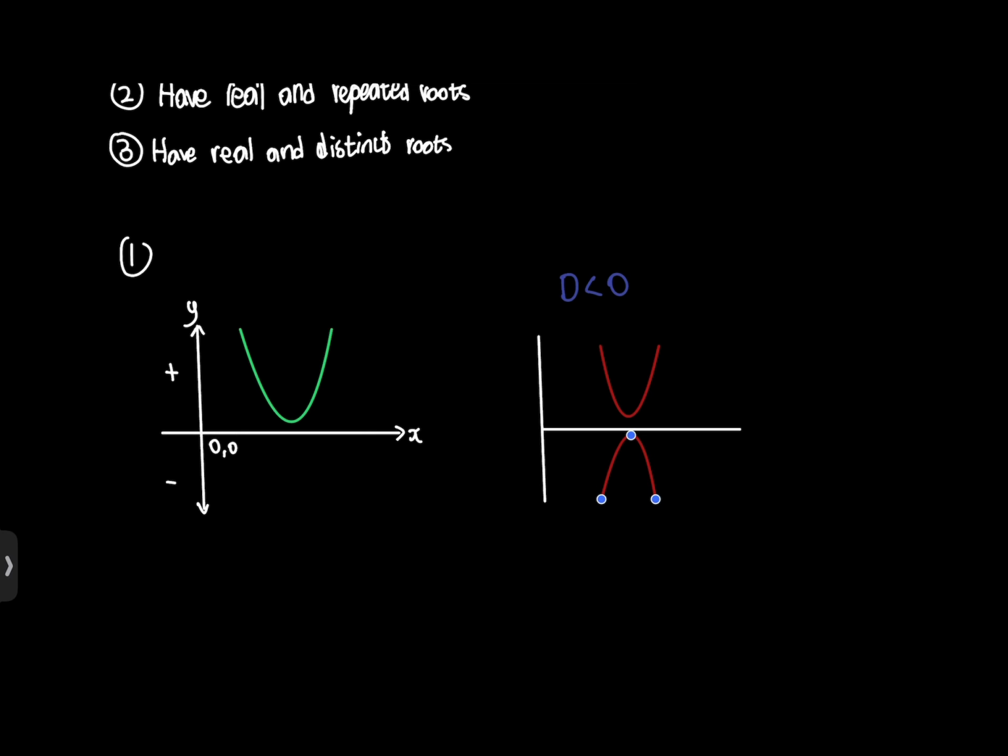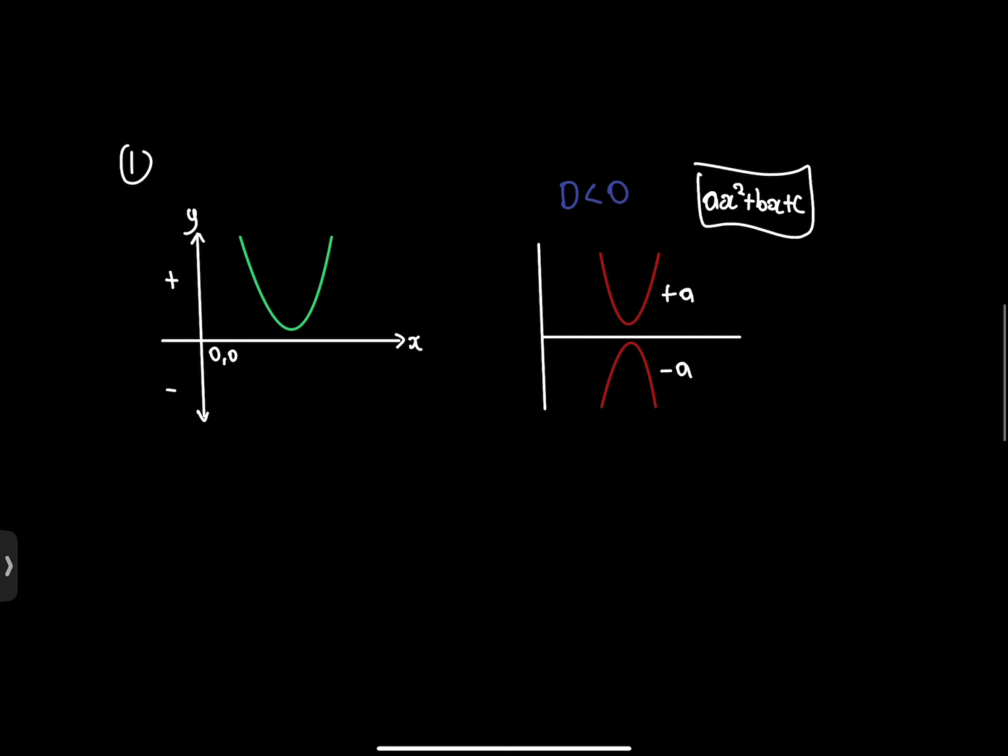This is going to be negative a, this is going to be positive a, and this is going to be negative a. Because remember, it's in the form ax squared plus bx plus c. This is your quadratic standard form, I think.